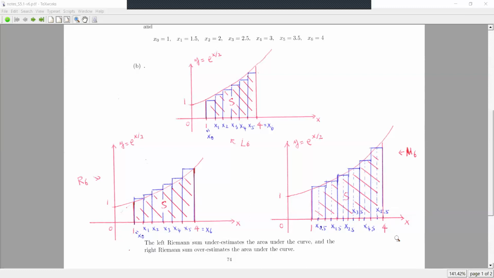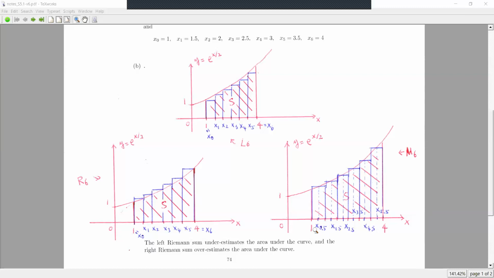Now, the third figure is about the midpoint Riemann sum. Cut interval 1, 4 into 6 subintervals, build rectangles. Over the first subinterval, I pick the midpoint. Because for the first subinterval, the left endpoint is x0, the right endpoint is x1. So I use this notation, x 0.5, to denote the midpoint.